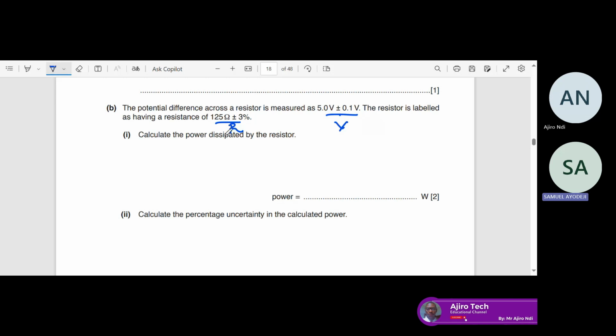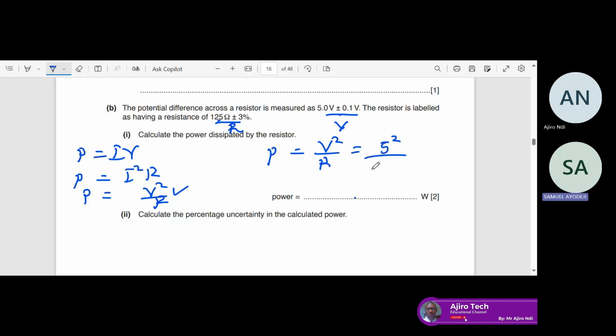Power is I V, I square R, and also V square over R. We are making use of this one because we have R. So power is V square over R. V here is 5, R here is 125. Give me the answer.